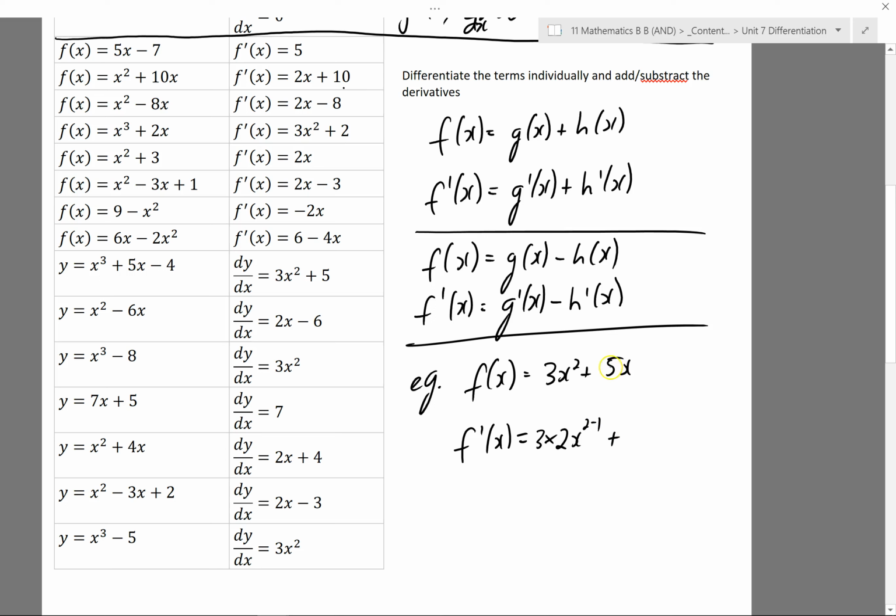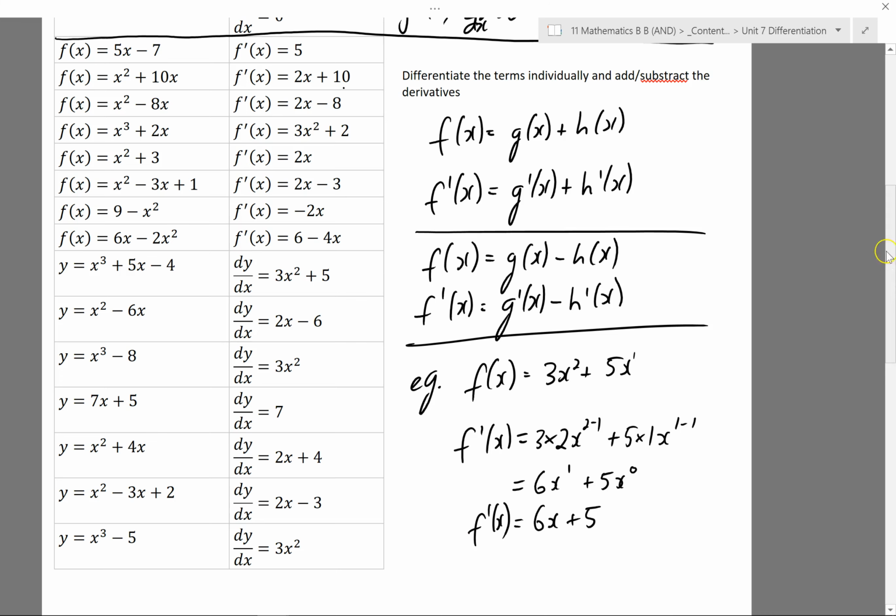And then I'll add on the differentiation of the second term. So remember that's really power 1. 5 times 1, x to the power 1 minus 1. And then I can simplify all of these. So 6x to the power 1 plus 5x to the power 0. And x to the power 0 is just 1, so it's just adding 5. Okay, so we need to know all our little index laws as well.